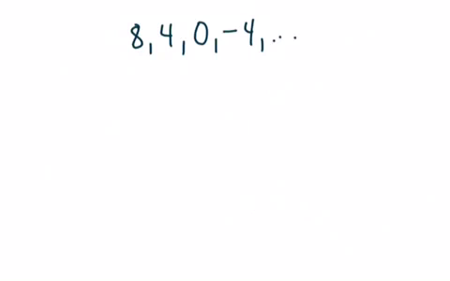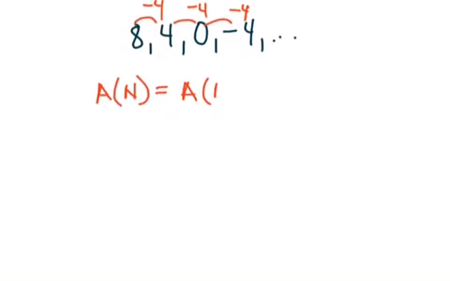Here the pattern is minus 4, minus 4, minus 4, because 0 minus 4 is negative 4. So our recursive formula would be: the new term, a of n, is going to be the previous term, meaning a of n minus 1, plus the pattern, so in this case, minus 4.